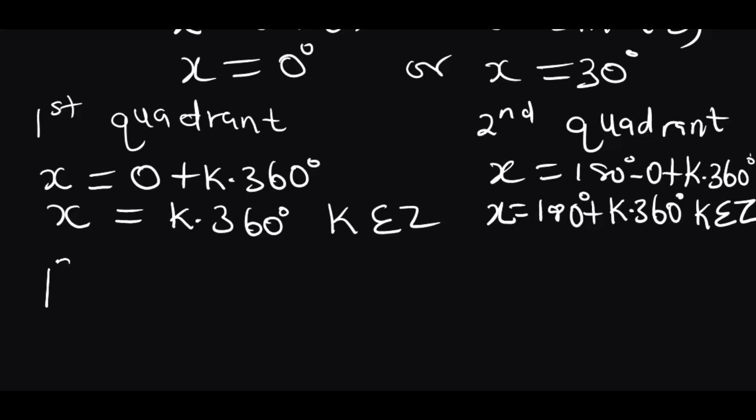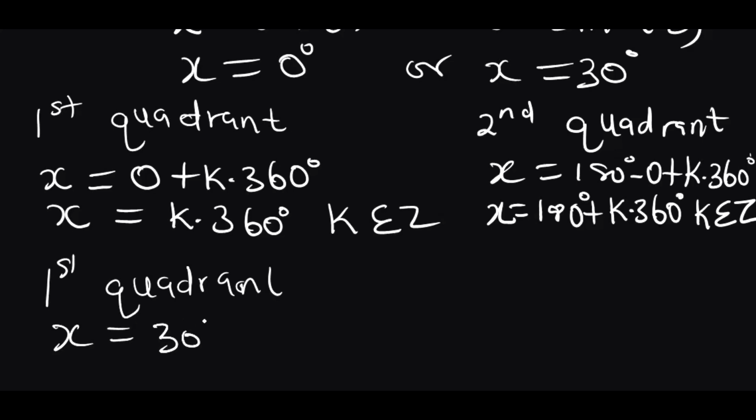In the first quadrant, x is equal to 30 degrees plus k times 360 degrees, where k is an element of integers.